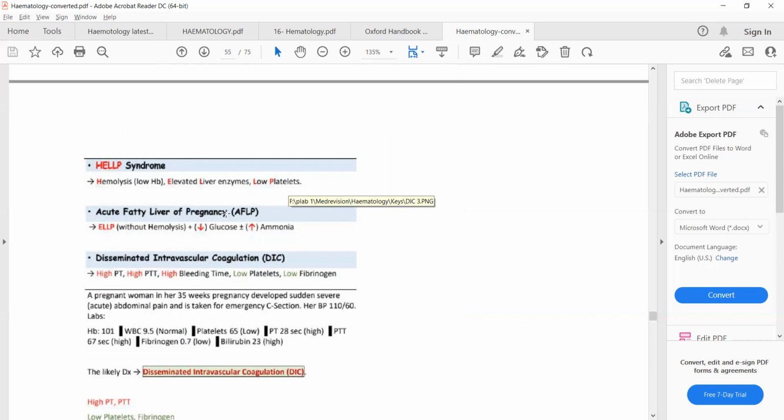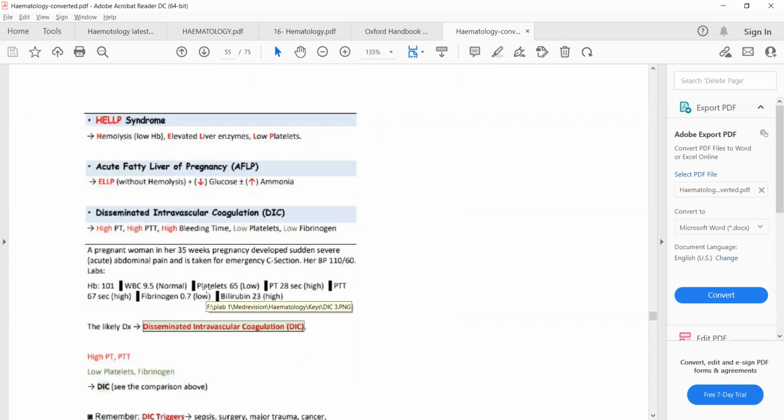In fatty liver of pregnancy, there will be decreased glucose and plus-minus increased ammonia, along with elevated liver enzymes and low platelets. And in disseminated intravascular coagulation, everything will be high except two things, platelets and fibrinogen. So you can differentiate between these conditions in a pregnant woman on the basis of these lab findings.